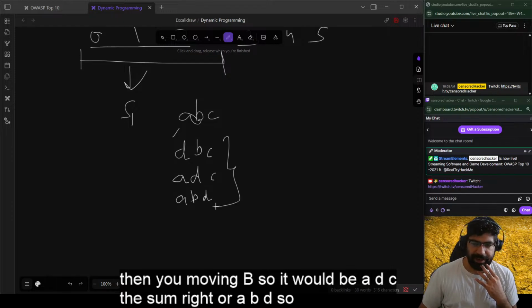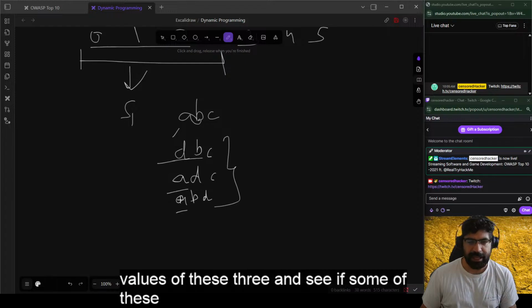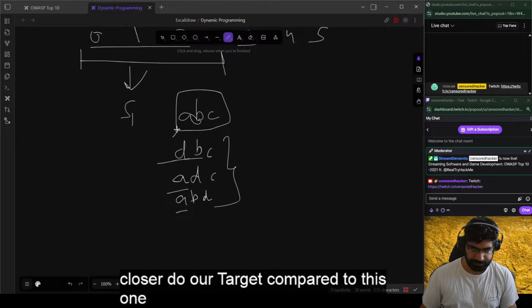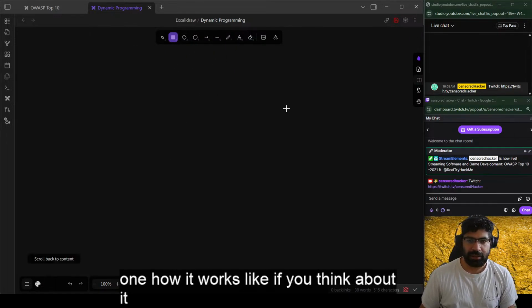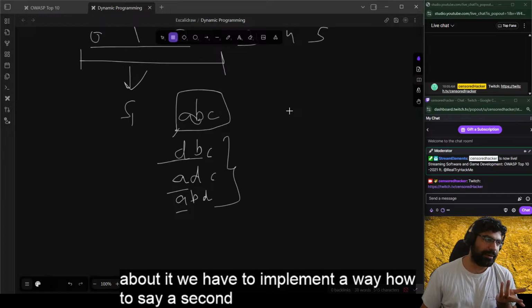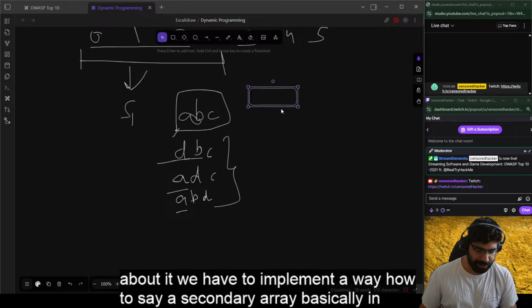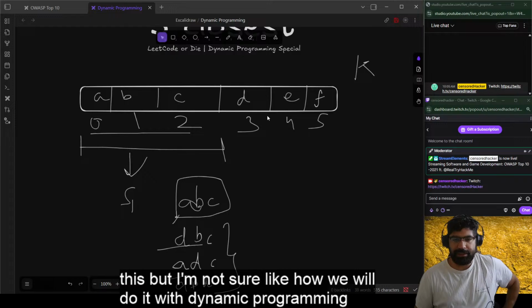So I'll find the sums of these three and see if any of these is closer to our target compared to this one. How this works, if you think about it, we have to implement a secondary array basically, but I'm not sure how we will do it with dynamic programming specifically.